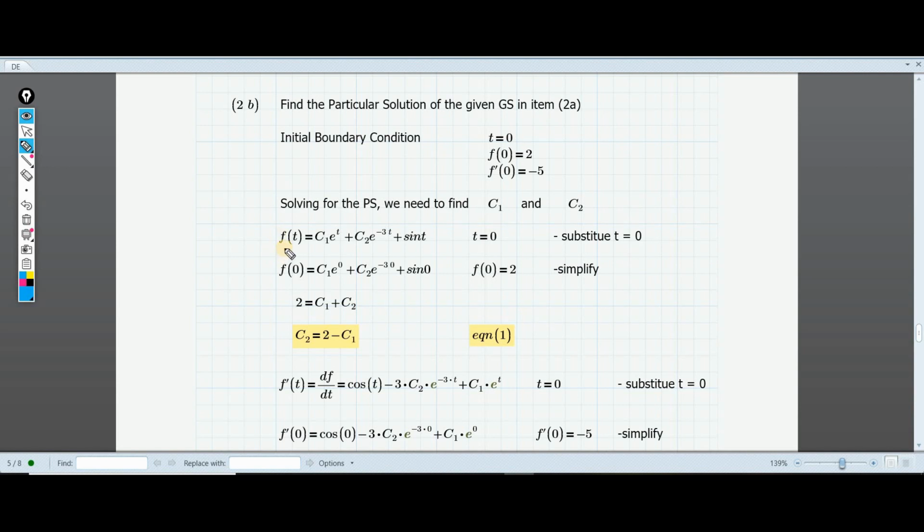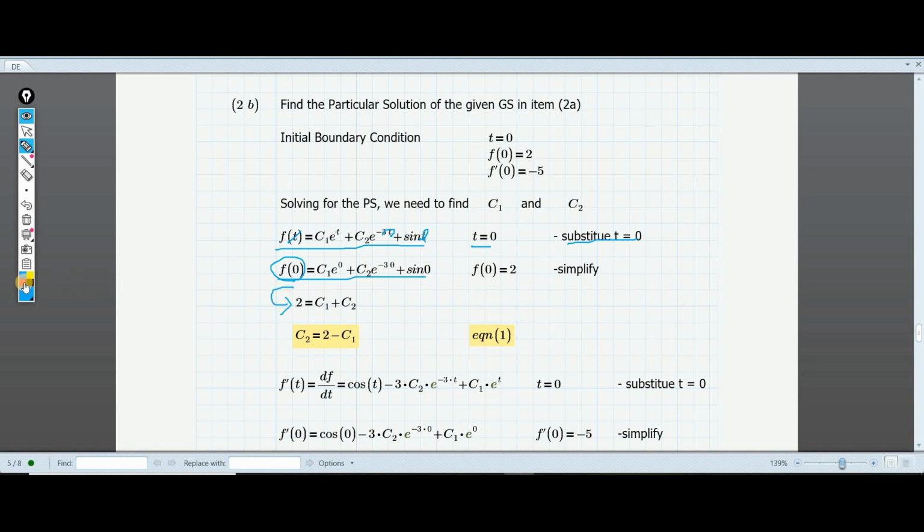Here is our f of t. And we know that t is equal to 0. So, we substitute t is equal to 0. So, magiging 0 ito, lahat ng t, 0. So, what we have is here. And we know that the value of f of 0 is 2.